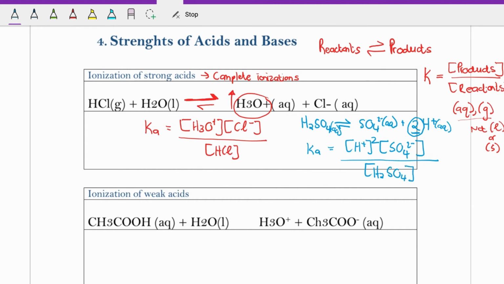Okay, so that was a good practice round. So whenever you see different molar ratios, remember that that has to then be written as the exponent. Okay, so don't forget that.